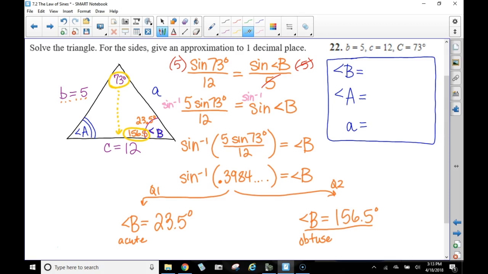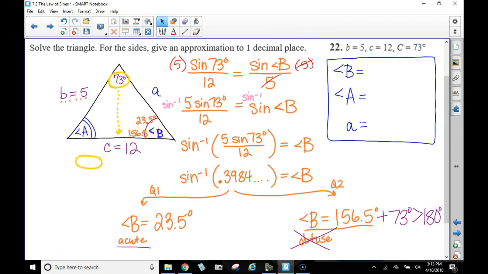So the 156.5 plus the 73 degrees is actually too big. It's greater than 180. So no obtuse triangle. We're only going to have to focus on finding the acute triangle. Okay? So we're going to go ahead and take that off of there. 156.5, no for you. Okay? But angle B can be 23.5.